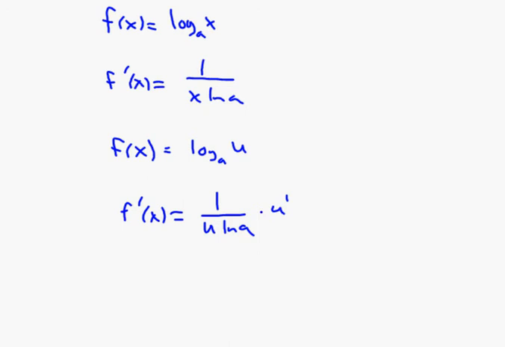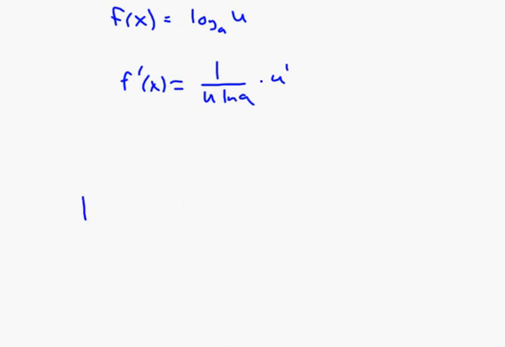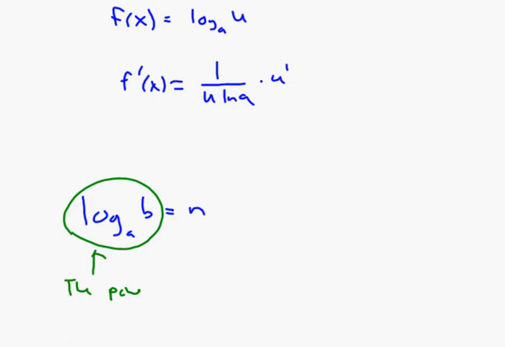Just in case we're not clear, on the log base a of b equals some number, if you remember what the log question's asking, you'll be fine. When you write log base a of b, what you're really saying is this equals the power we put on a to get b.